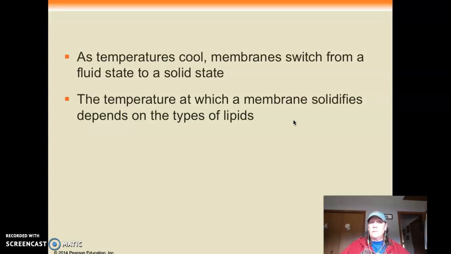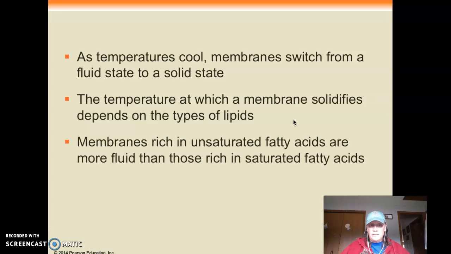So it depends on those lipids, and that depends on what needs to come into the cell and what needs to go out of the cell. Membranes rich in unsaturated fats, like I just said, are going to be more fluid because they're not solid. If they're solid at room temperature, like saturated fatty acids, they're not going to be as fluid.